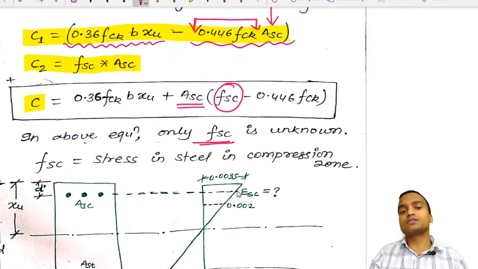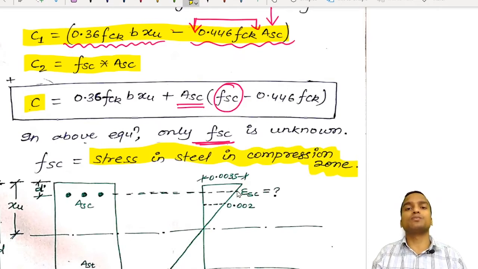Now our target is to calculate FSC, the stress in steel in the compression zone. Usually steel used to be in the tensile zone. Now steel is in the compression zone, so we have to calculate the stress in steel bars in the compression zone also. We know from the stress strain curve of steel that the behavior of steel is almost similar in the tensile zone as well as the compressive zone.